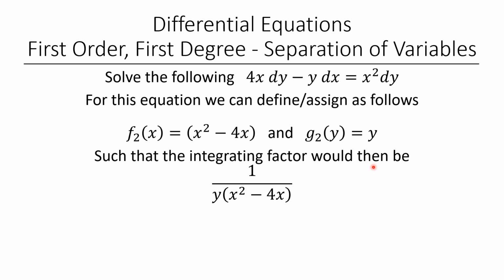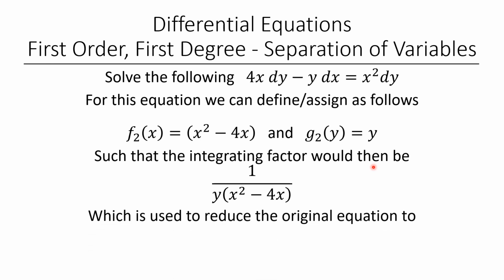So 1 over the product of those two gives us our integrating factor, such that when we do multiply through the equation with this integrating factor, it reduces it to this form. So this is the form we're looking for, right? Everything in the first term is all in terms of x. Everything in the second term is all in terms of y. So this is what the meaning of separation of variables is. We are able to do that here.